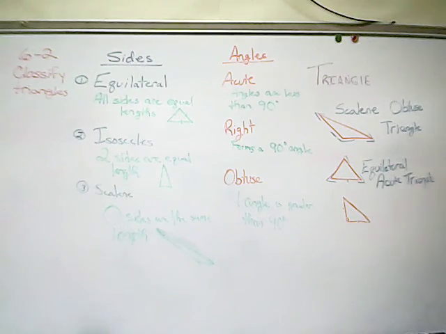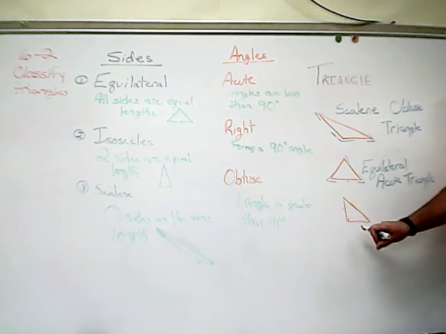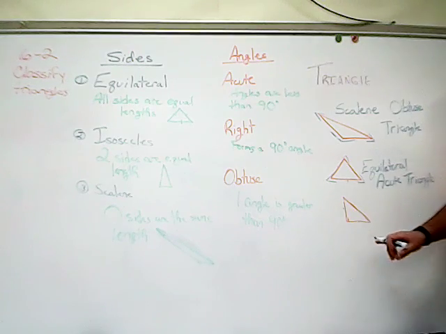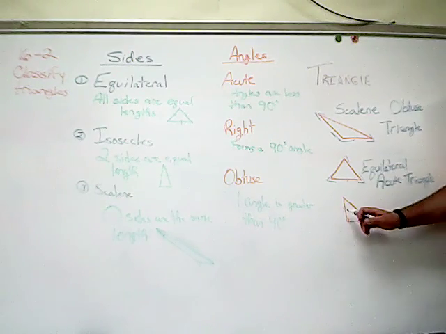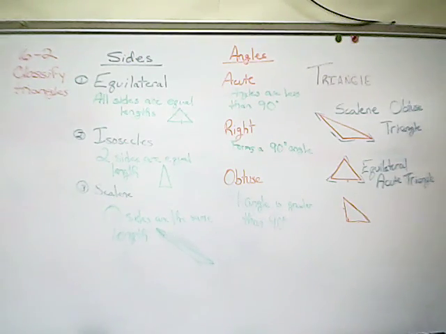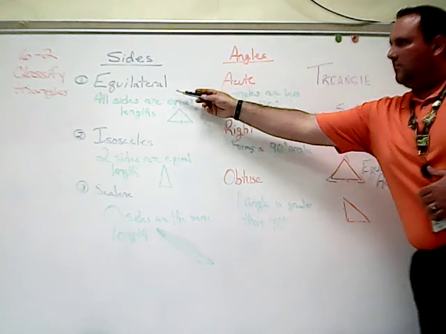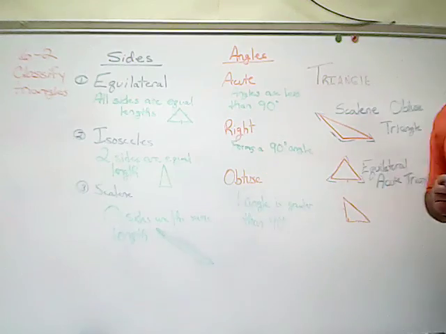And then finally, I have my last example. I see that this side and this side are equal because the dash marks are telling me so. So I have a triangle that has two equal sides. That would be an isosceles triangle.